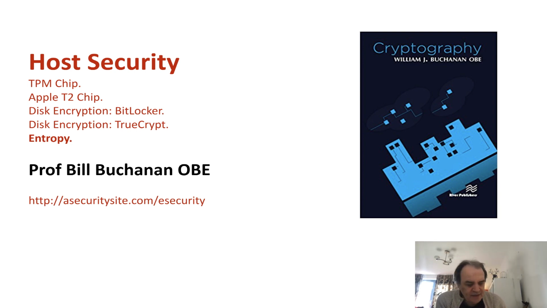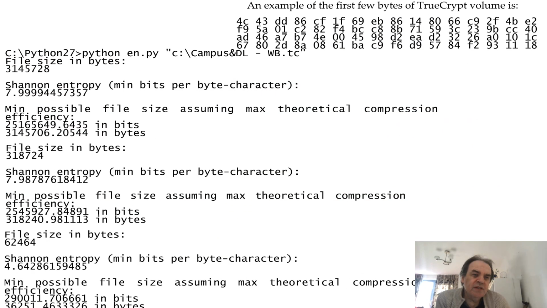Let's look at the last little bit, which is entropy. So entropy is a way for us to determine whether something is encrypted or not. If we see a file on our network and we do a quick check of it, what we do is measure the Shannon entropy. The Shannon entropy is the minimum number of bits that are represented for each byte character.